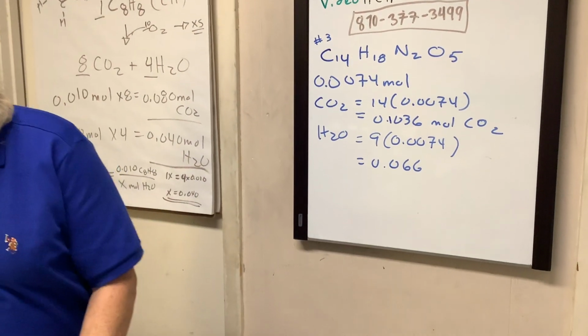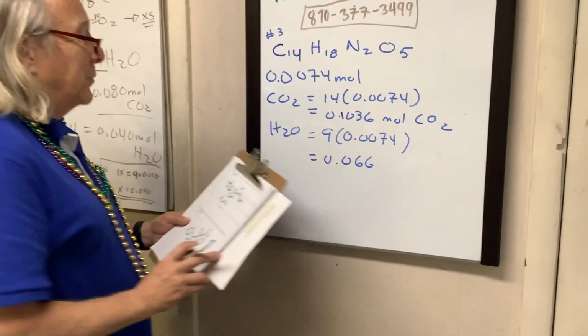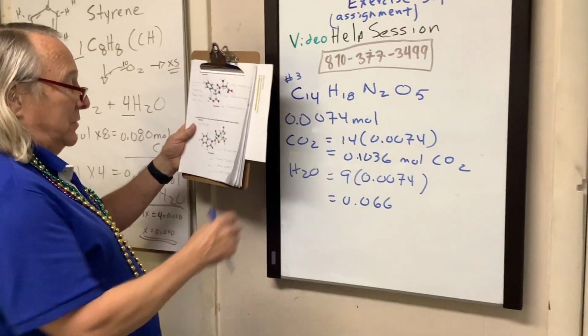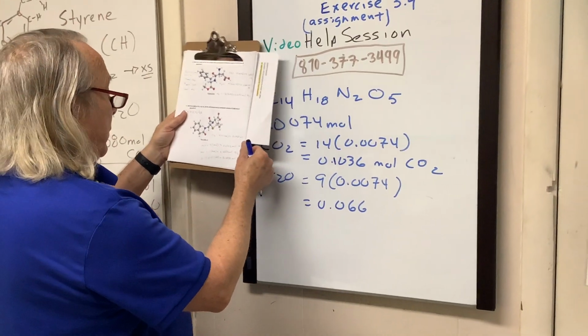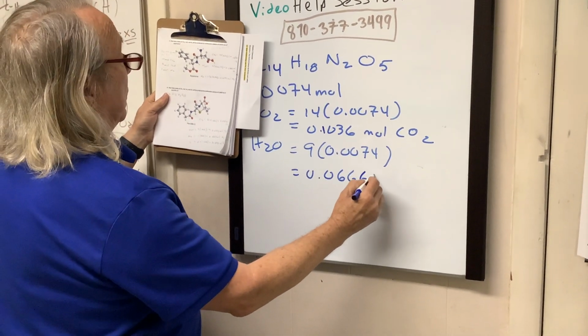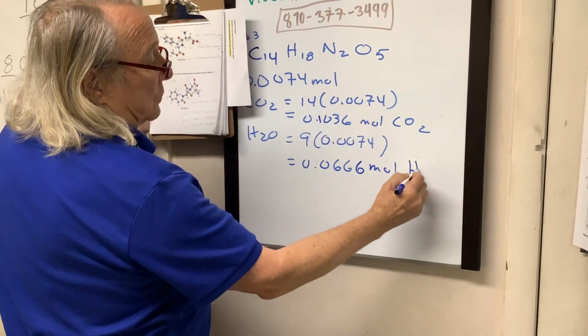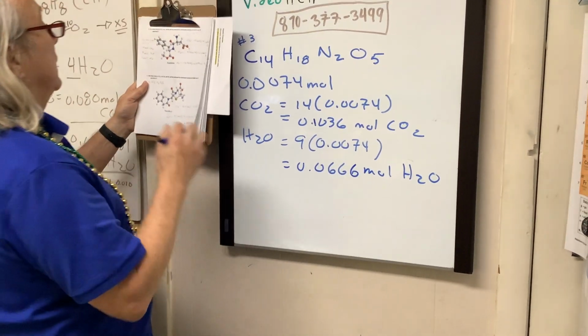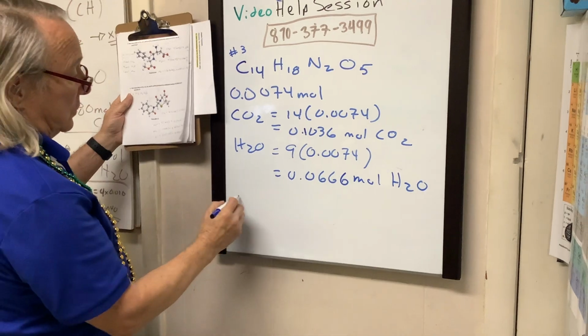I knew that value had to be higher than the previous one. That's why I was mistaken. Okay, and this is 0.00666 mole of H2O, and it asks for nitrogen, so N2.